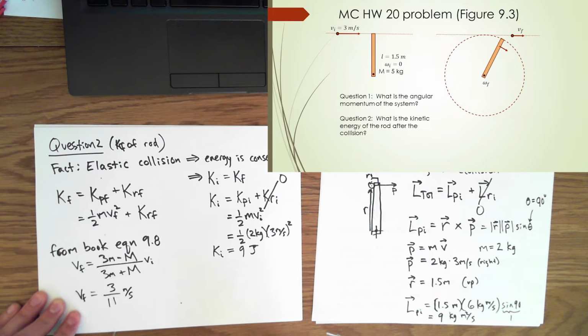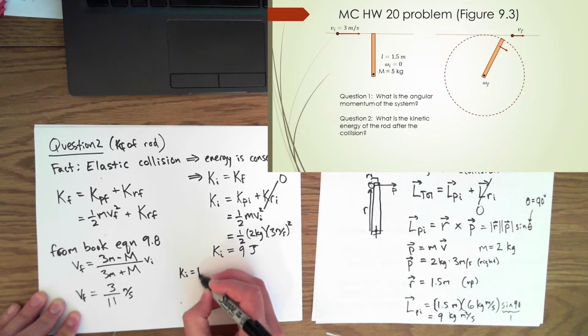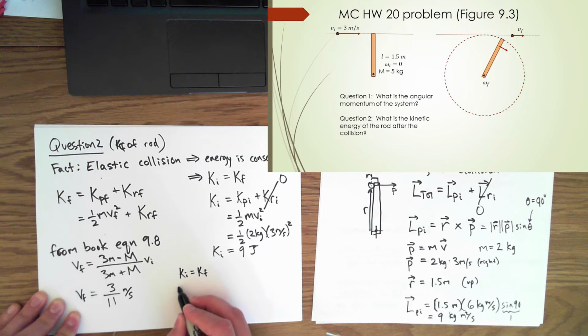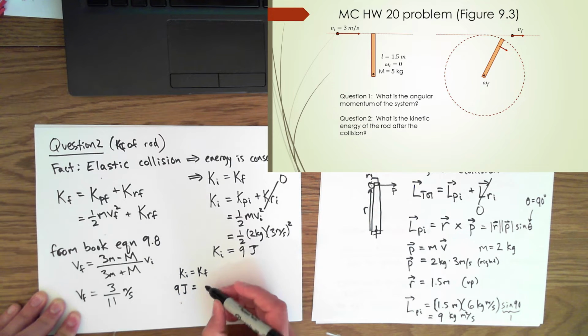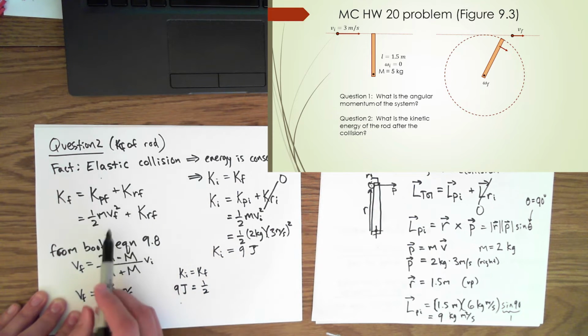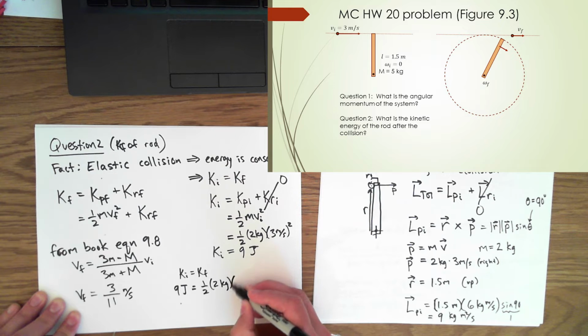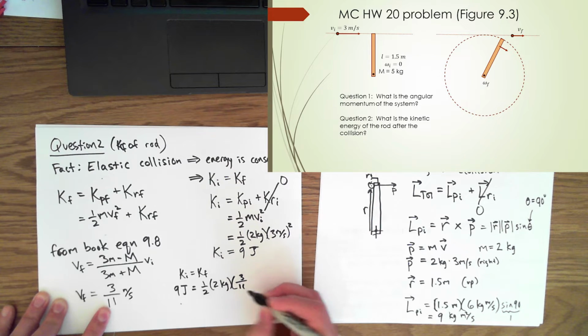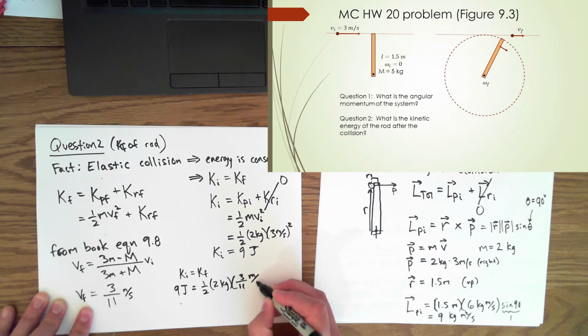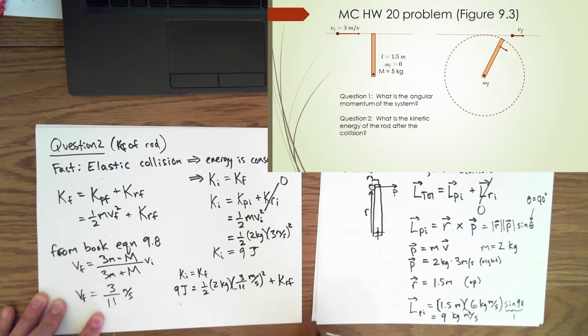Okay, so let's go ahead and set KI equal to KF, that's energy conservation. That implies that 9 joules equals 1/2 m vf squared for the particle, that's 2 kilograms times VF, which we just figured out is 3/11 meters per second, squared, plus KRF, the kinetic energy of the rod that we're looking for.